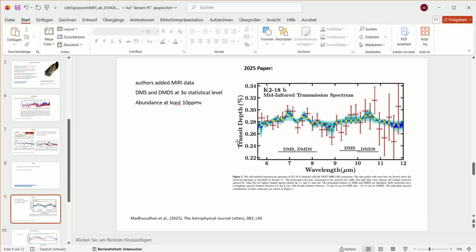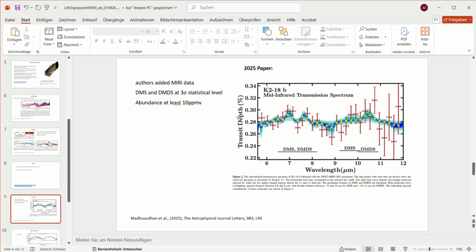Then the authors doubled down and made another paper, 2025, and said they used data from the MIRI experiment, so in the higher wavelengths, in the mid-infrared, or I would call that actually long wave infrared, but mid-infrared is somewhere here in the left part of this spectrum shown.